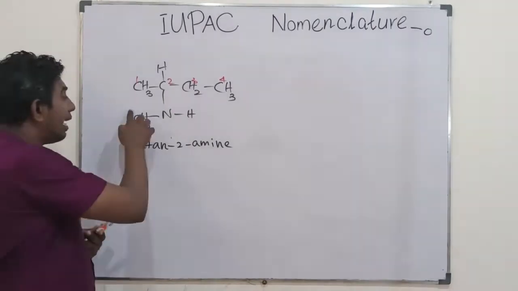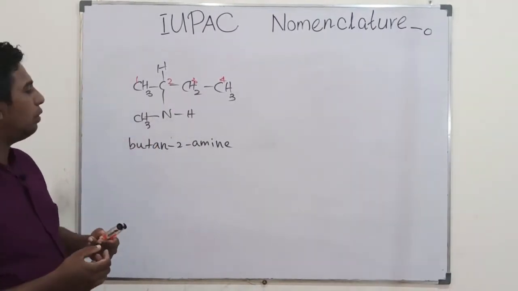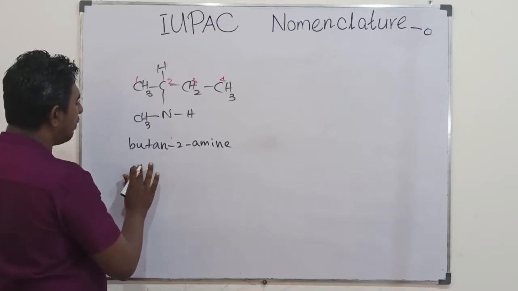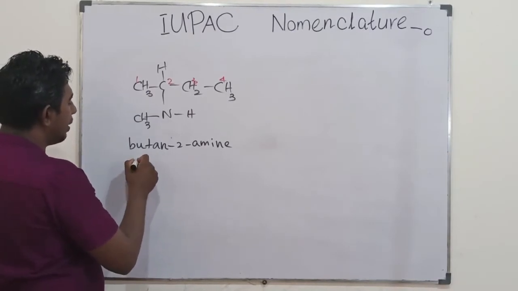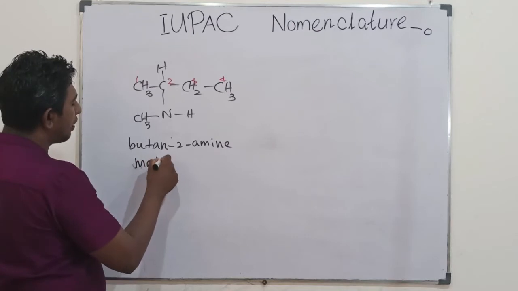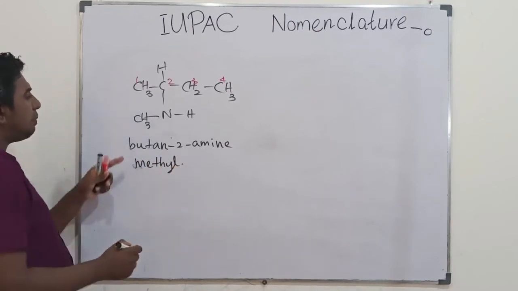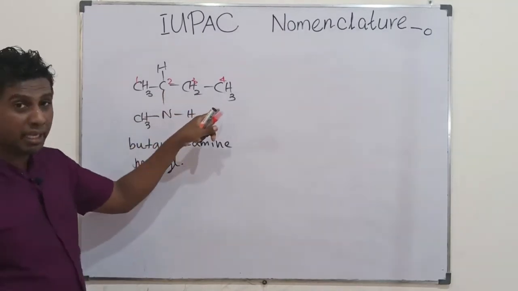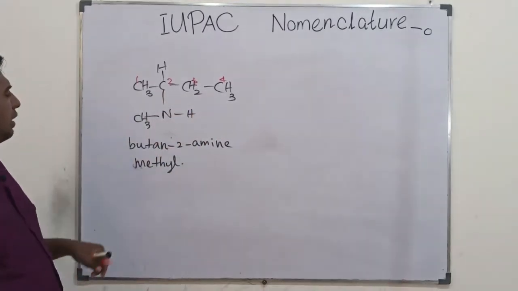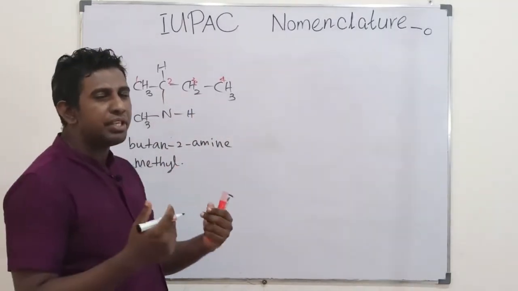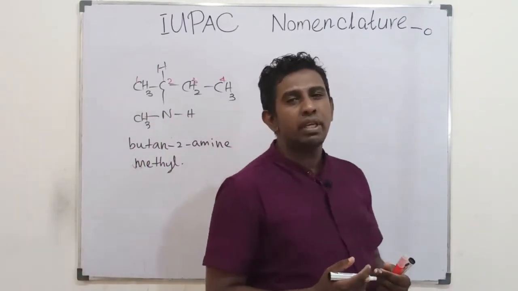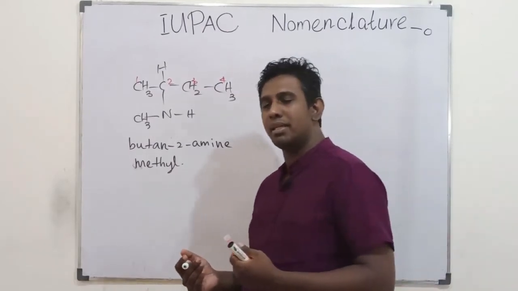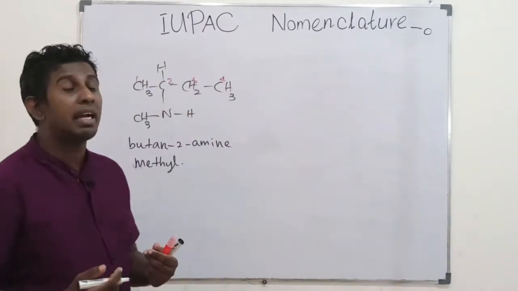Then this alkyl group, it's a methyl group. So you have it as a prefix to be given. So it is methyl. This methyl group is not attached on any carbon on the main chain. It's on nitrogen. Therefore, for this moment, we use nitrogen as the position, in place of a number.